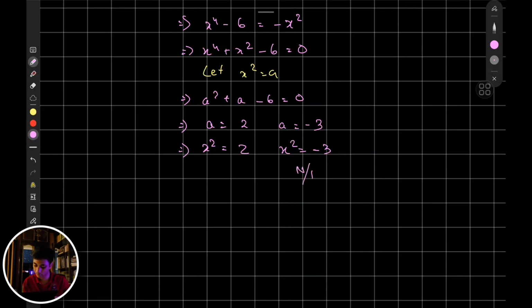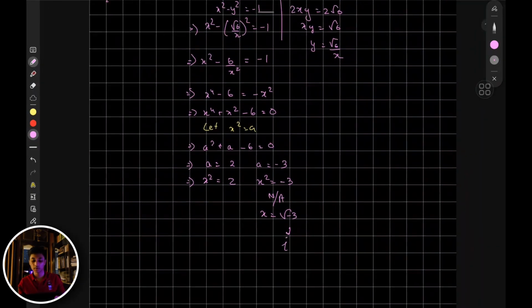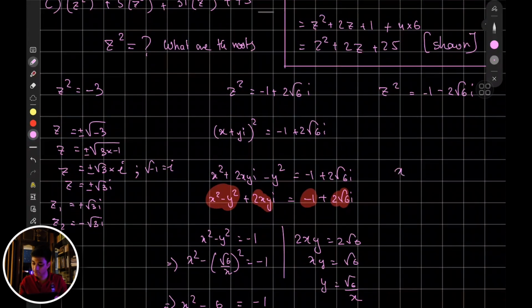Now this is not applicable. Why? Because if you take the root, x is equal to root of minus 3, this becomes imaginary. Now why can this not be imaginary? Because I've already told you that if I write x plus yi, both x and y are real values. The only imaginary part in this expression is i.